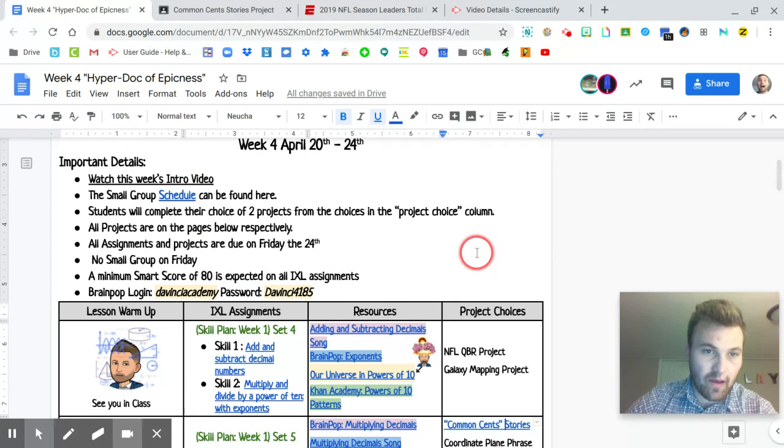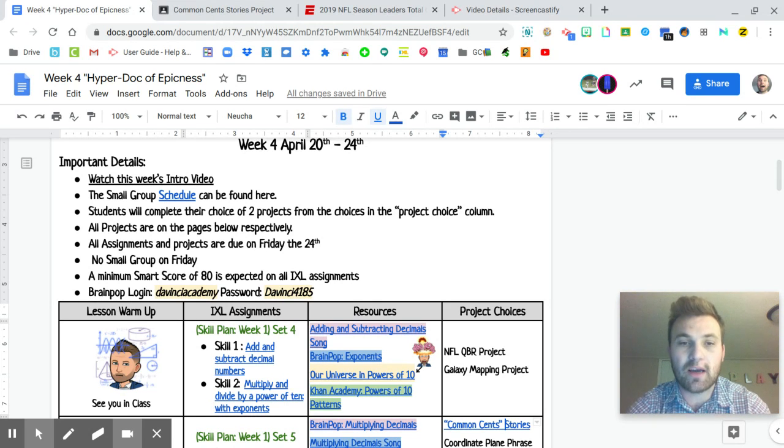Another thing to mention is that I'm not requiring any choice board activities for math this week. I think you've got plenty of skills to work on in addition to the projects. So I think that you'll be plenty fine. But the choice board moving forward, the way that I want to use it is really just for supplemental education, right? If you've completed all your work and you're looking for something to explore, use those choice boards. All right.